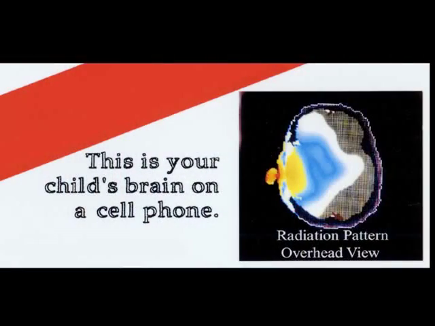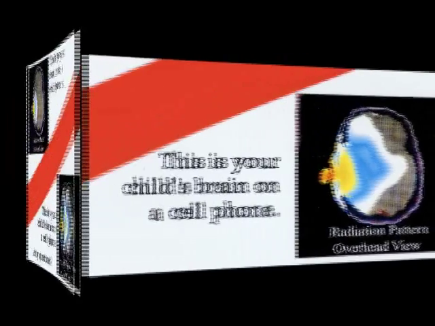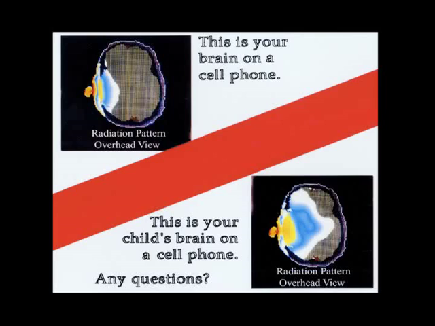And for the children, it's known that children's heads are smaller, so you have more absorption in the head. Children's dielectric parameters are higher than the adults', so you have more concentration of energy.